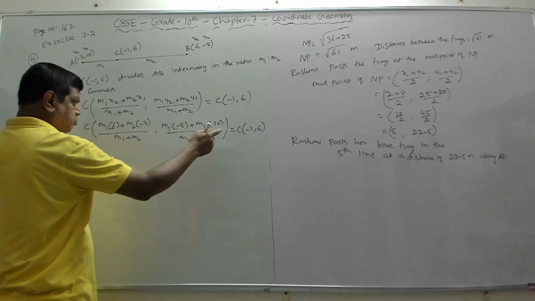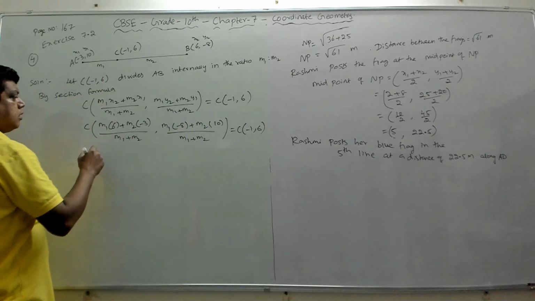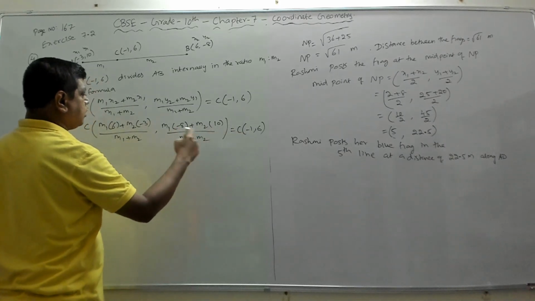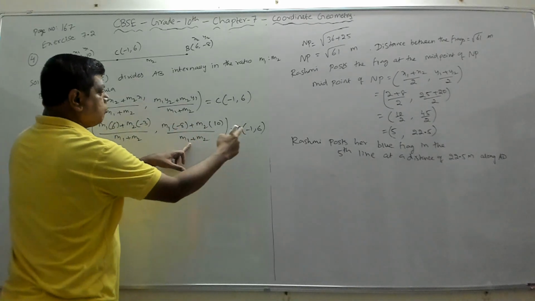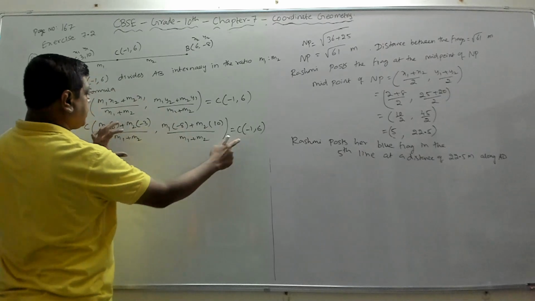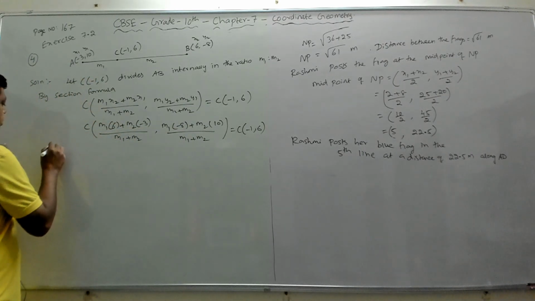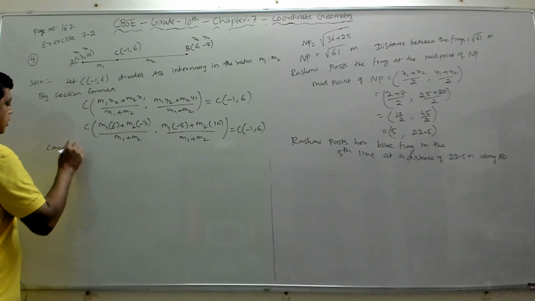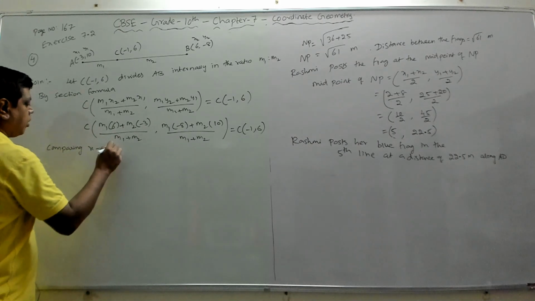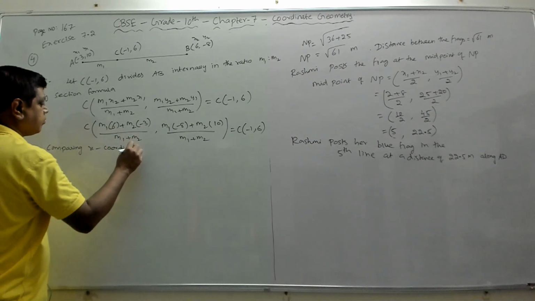Now let's compare the coordinates. We can compare either y with 6 or x with -1. So we'll compare the x coordinate, or equating the x coordinate, anything we can say.